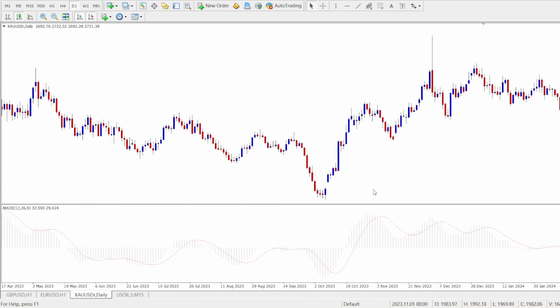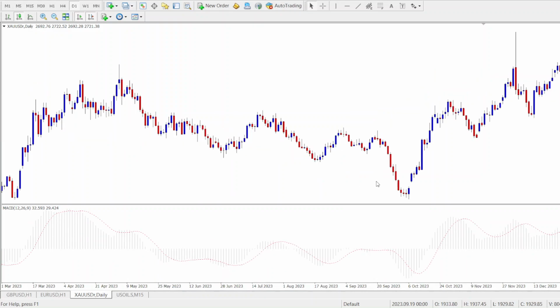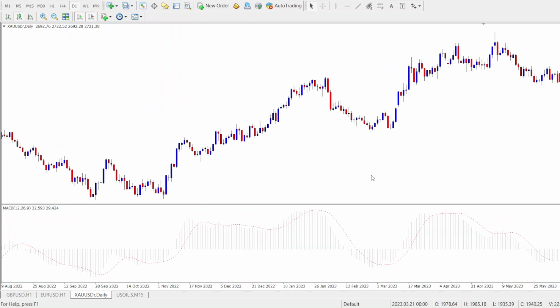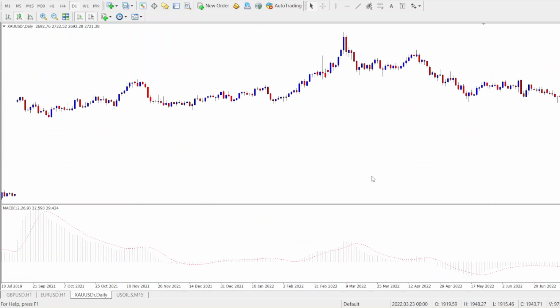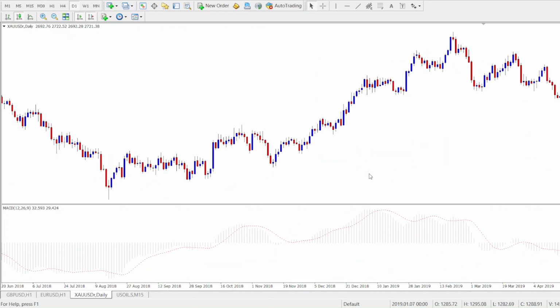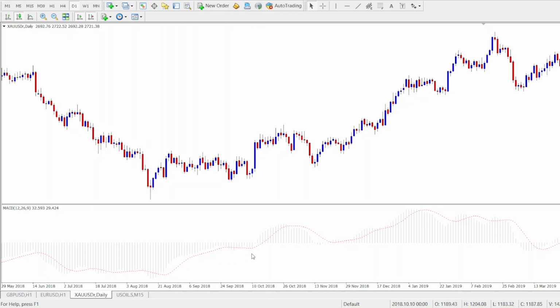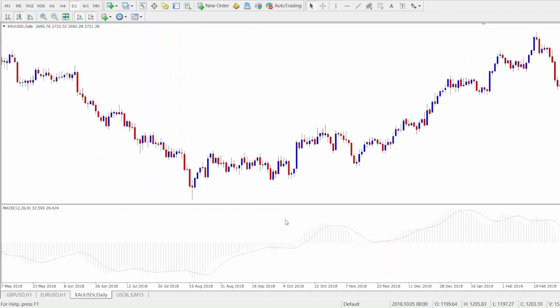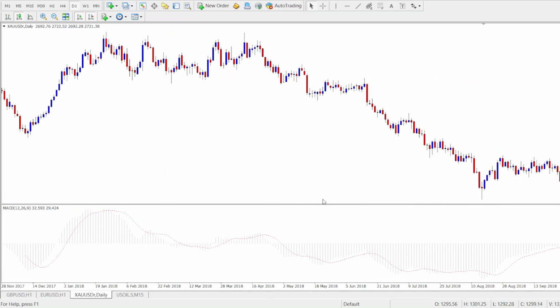Now, the histogram bars are the difference between the MACD line and the signal line. So the MACD usually helps us identify momentum and trend direction. When the MACD line crosses above the zero line, it indicates a bullish signal, and vice versa for a bearish signal. That is when the MACD crosses below the zero line.